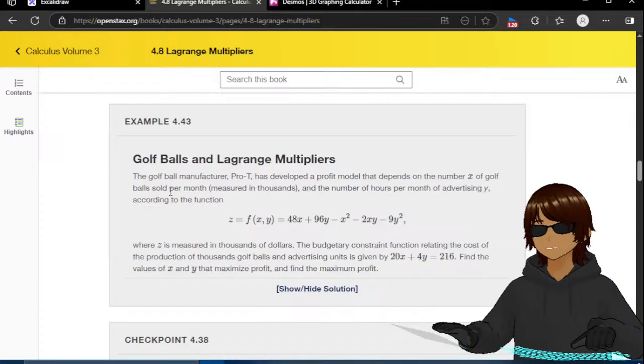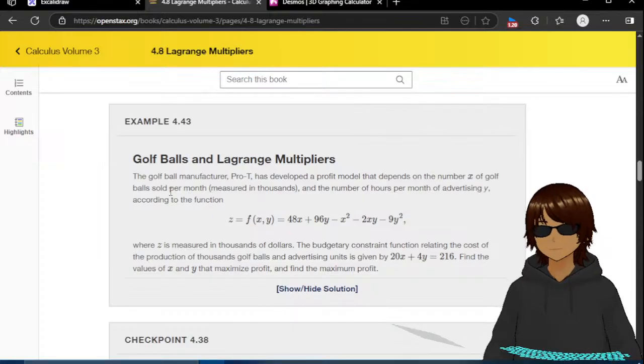Golf ball manufacturer Birdie has developed a profit model that depends on the number x of golf balls sold per month, measured in thousands, and the number of hours per month of advertising y, according to the same function.